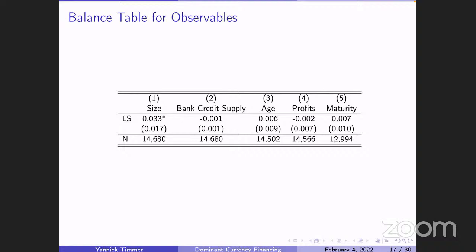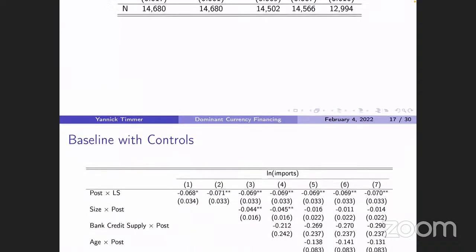And also, we cannot really see that the firms that have differential liquidity shocks are different in terms of other characteristics, which gives us more and more confidence that this liquidity shock is a relatively good treatment variable for us to investigate the effects of more foreign currency borrowing on imports and exports.